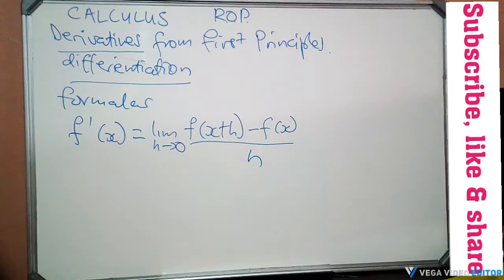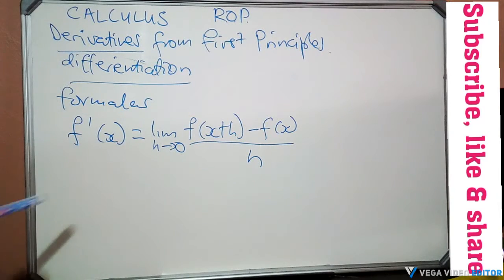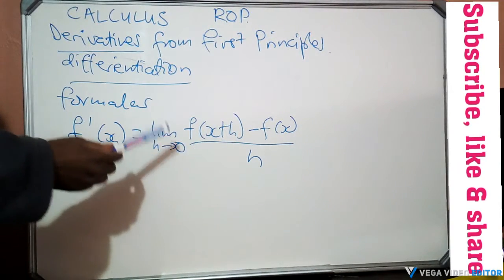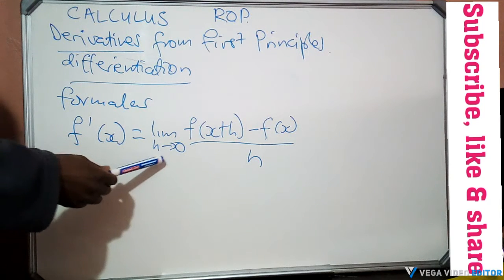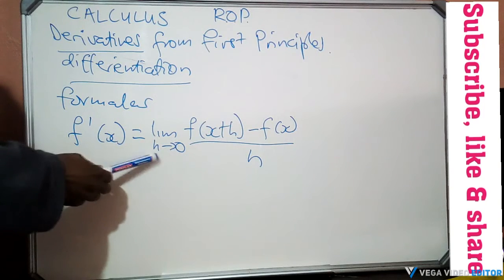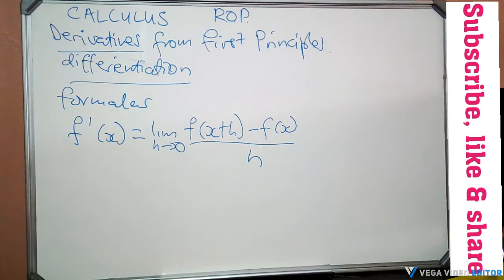Now, when we say limit with h approaching 0, our attempt there is to remove the impact of the h by making sure that our h there is removed as a result of it approaching 0 or as a result of it being the value of 0 there.